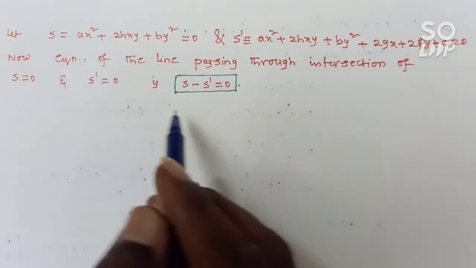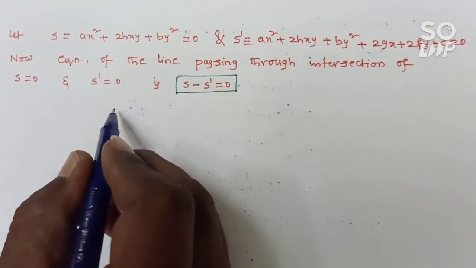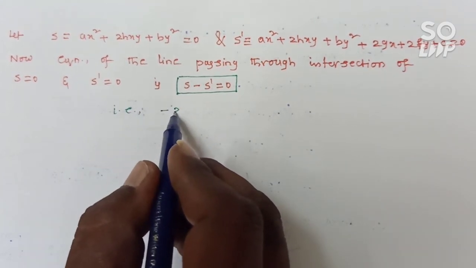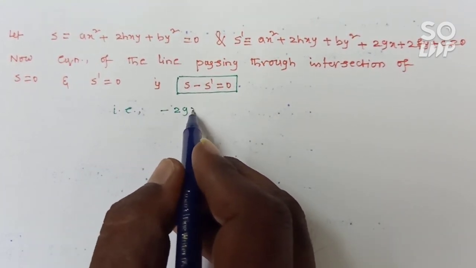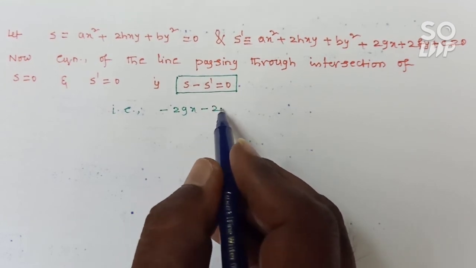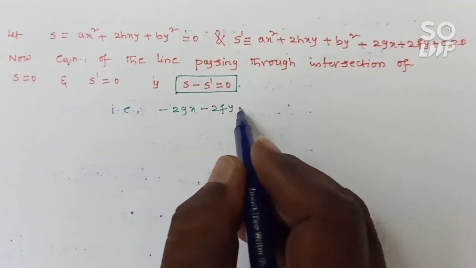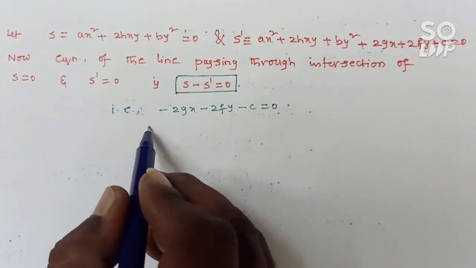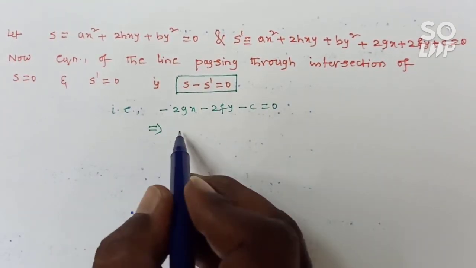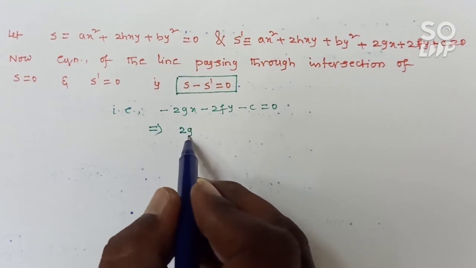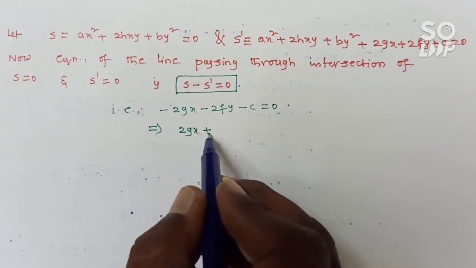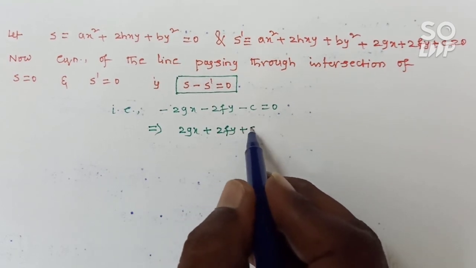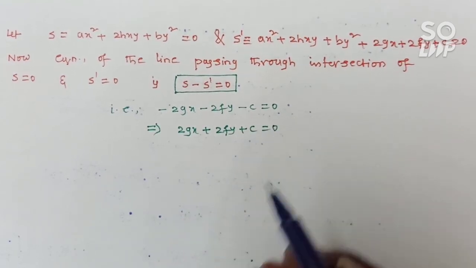Now S minus S dash means minus 2gx minus 2fy minus c is equal to 0. Multiply with the minus, this becomes 2gx plus 2fy plus c is equal to 0.